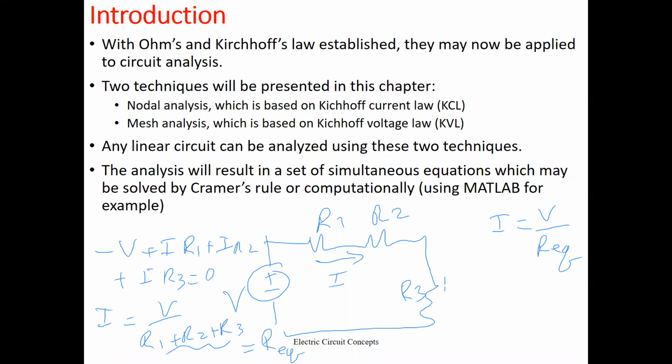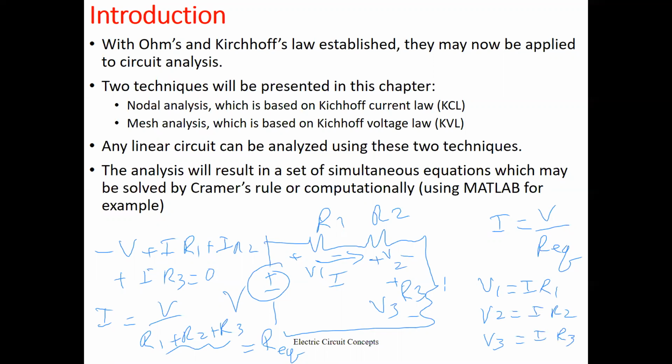And then we go back to the circuit and we determine the voltages across each element, such as V1 across the resistance R1, and then V2 across R2, and this will be V3. So we can say V1 is equal to I times R1, and then V2 is equal to I times R2, and V3 is equal to I times R3.